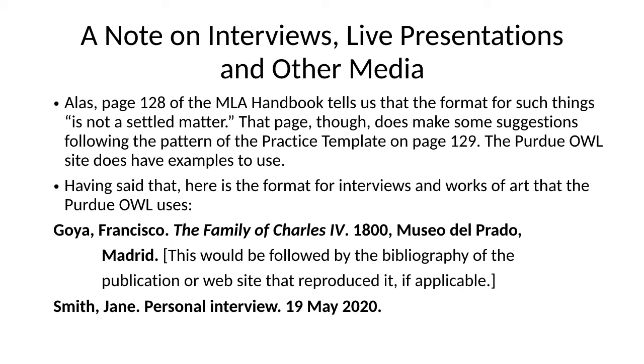Here's another one, very simple, there's not much to it: Personal interview with Jane Smith. In other words, you did this interview yourself. That would be all it would need to have.